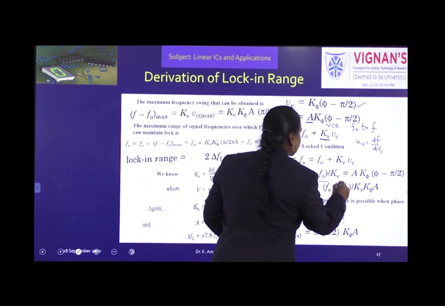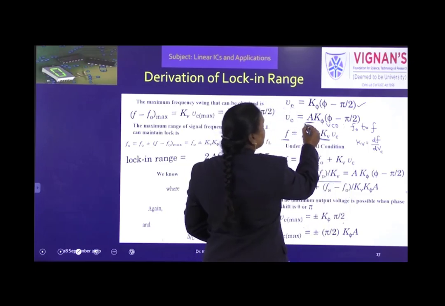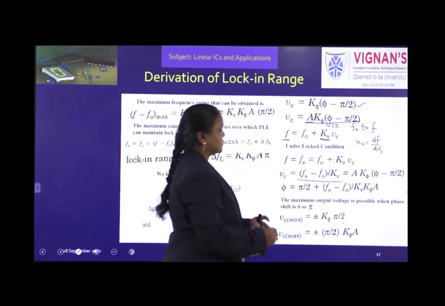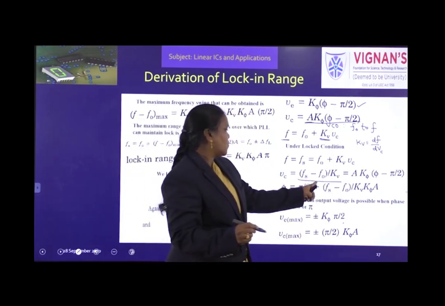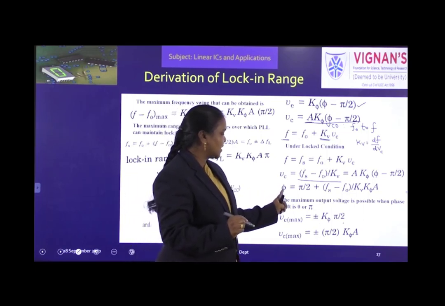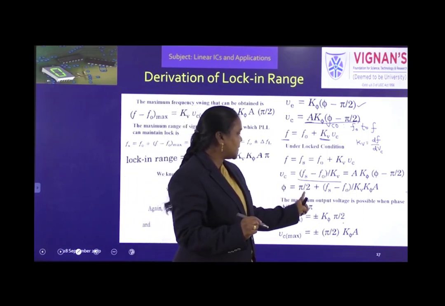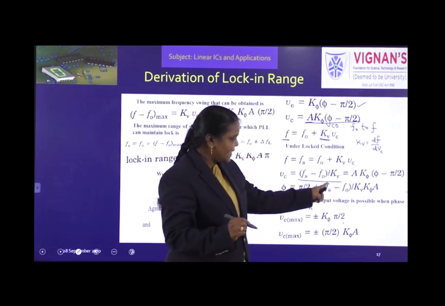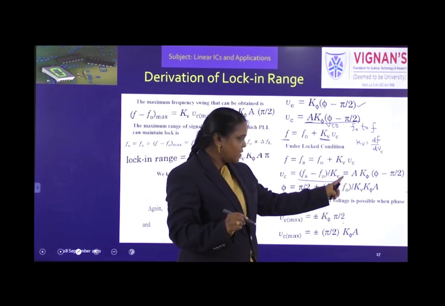Okay, this is the VC expression. Already we have seen what VC is here. So if you equate these two, we will get the expression for phase. So the phase shift is equal to pi by 2 plus (Fs minus F0) into K phi A by kV.